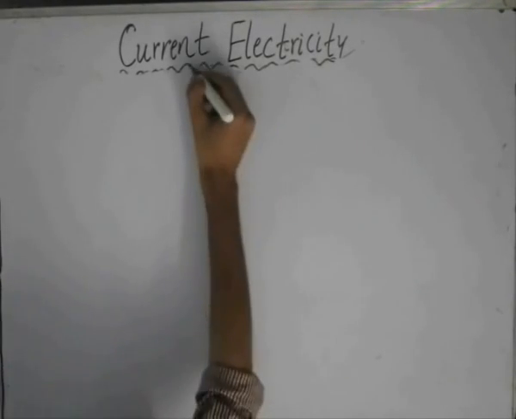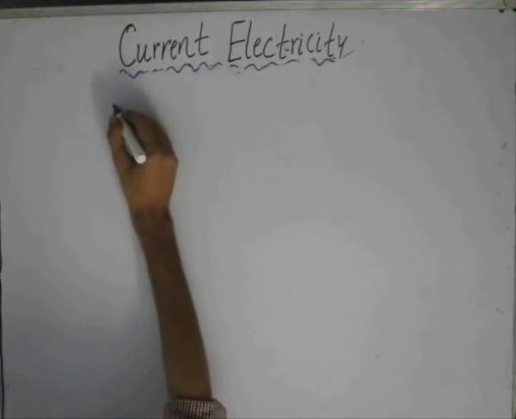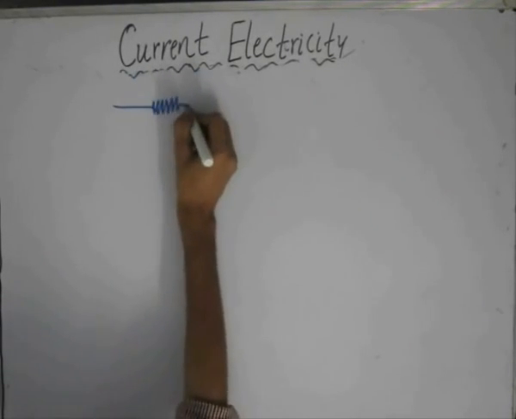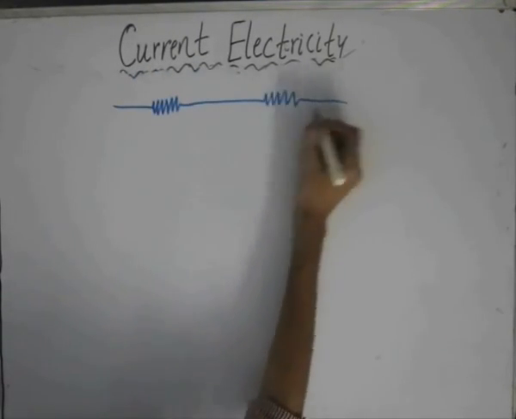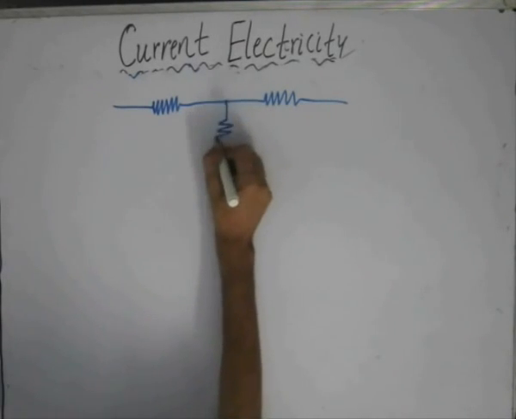Now let us consider a symmetrical structure. We need to determine the equivalent resistance for this symmetrical structure between the two endpoints.